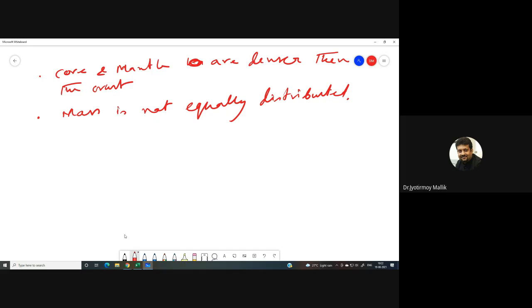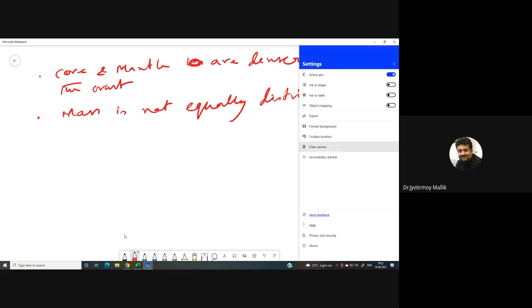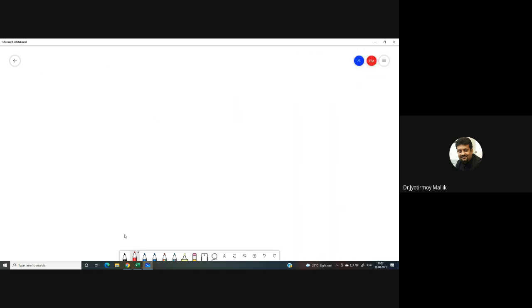So now that brings us to one of the important concepts, what we call an equipotential surface. An equipotential surface is the imaginary surface on which all the points have the same potential, in this particular case, gravitational potential.